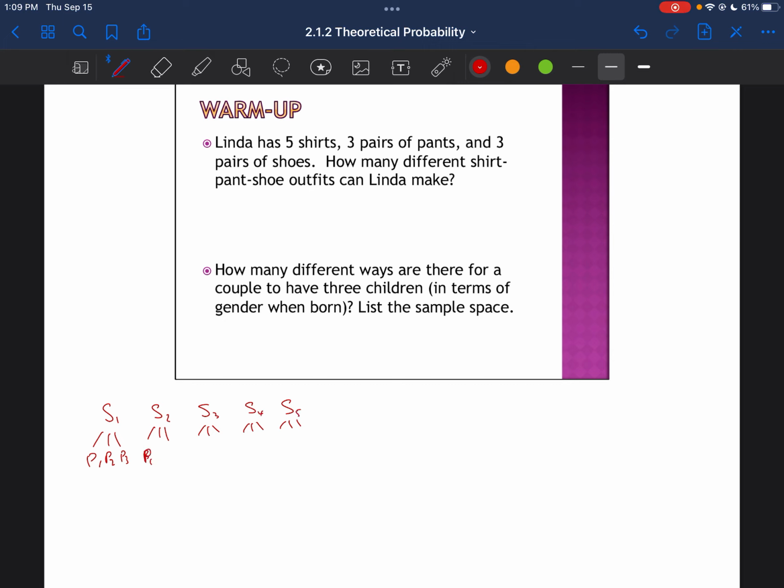Oop, that should be a P. And so on and so forth.